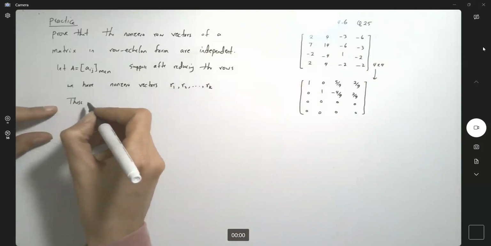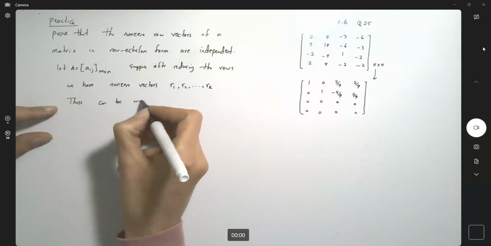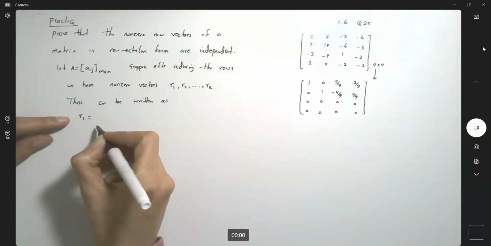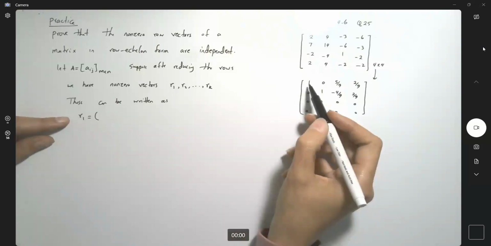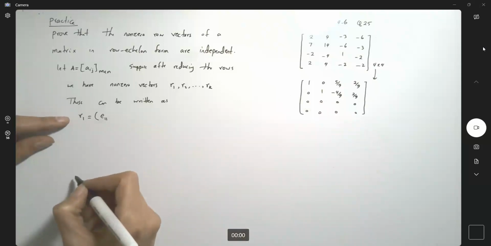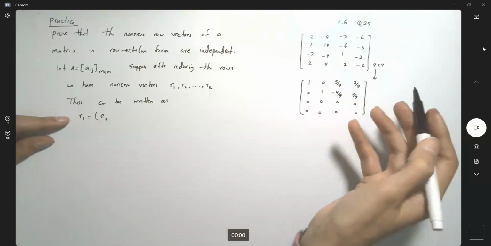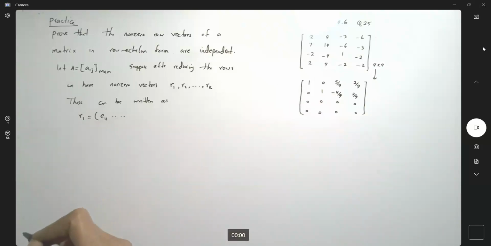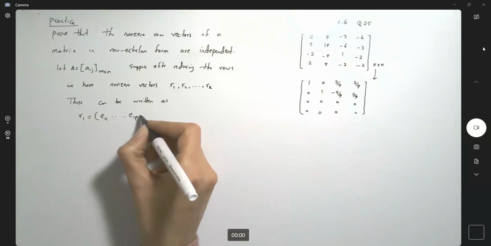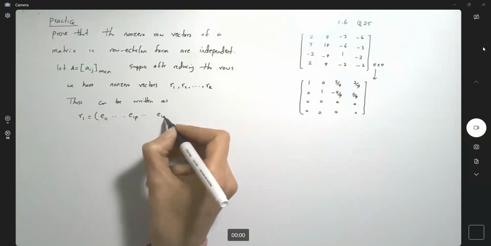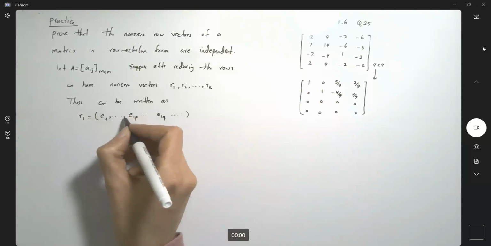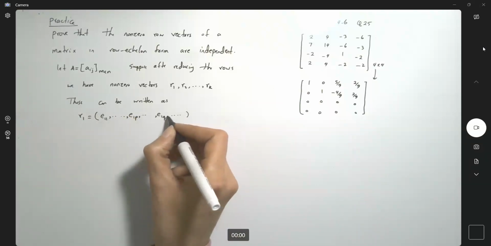These can be written as R1 equals the very first element, E sub 1 1, and then you have the rest of the entries, E1P, for example, then E1Q, and the rest of the elements, with commas to separate these as well.